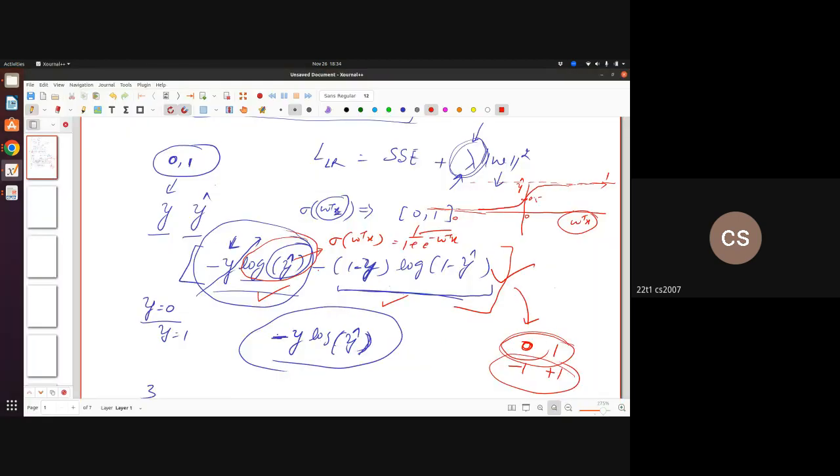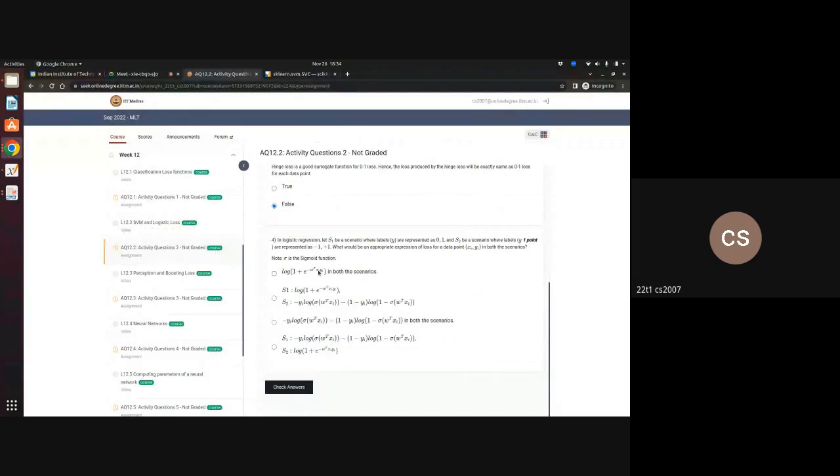So that's what we are asking here. S1 is a scenario where the classes are represented by 0 and 1, and S2 is a scenario where classes are represented by -1 and +1. Which of the following would be the appropriate loss function? As we just discussed, in the first scenario it is minus y log y hat minus (1 minus y) log (1 minus y hat).